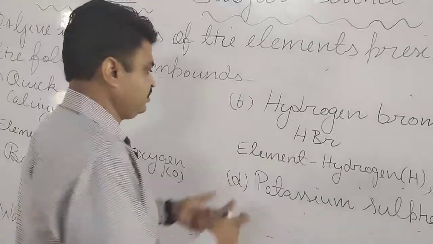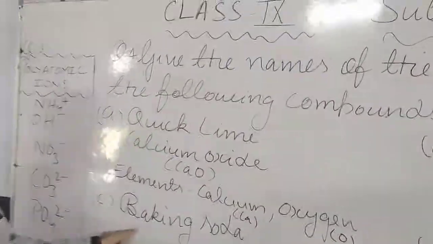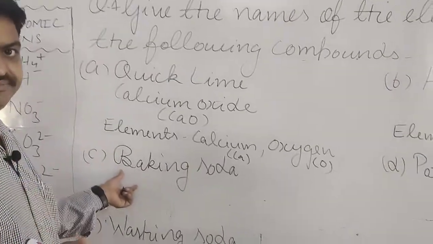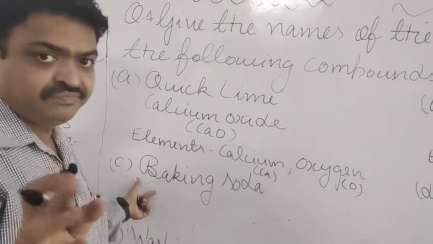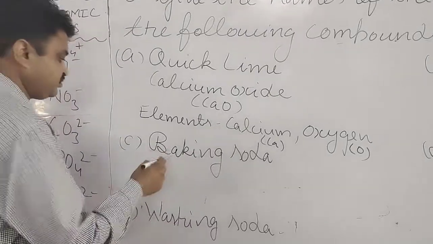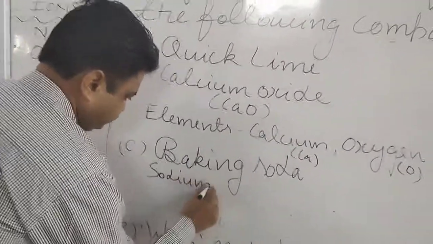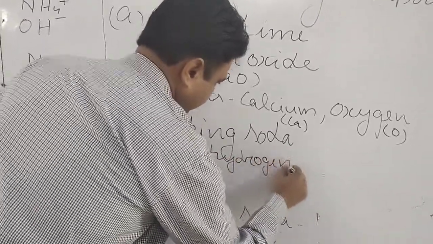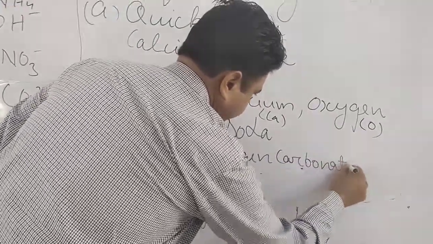Now we come to the next. Baking soda. Baking soda, student. Now it is the general name. It is not a chemical name. First you will learn the chemical name of baking soda. What is it, student? It is sodium hydrogen carbonate.